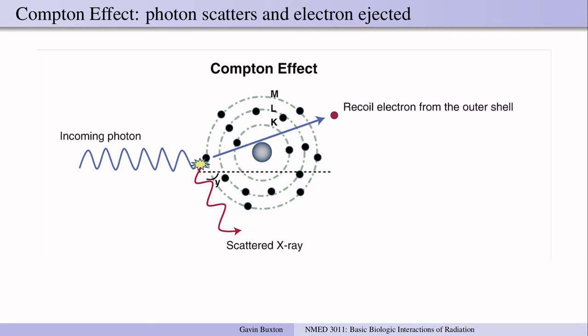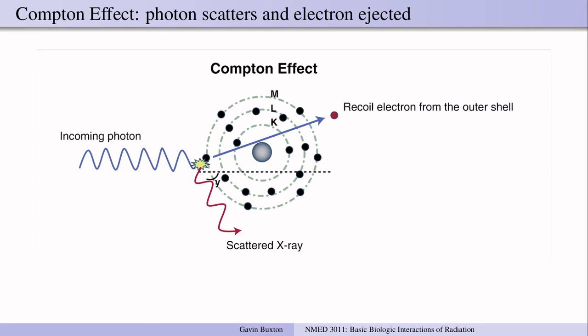It goes to a loosely bound electron. These electrons are so loosely bound, on the outer orbit of the atom, that in some ways they're almost free. So when given that energy, it doesn't need that much energy to escape from the atom, and all or most of the energy is given up as kinetic energy.